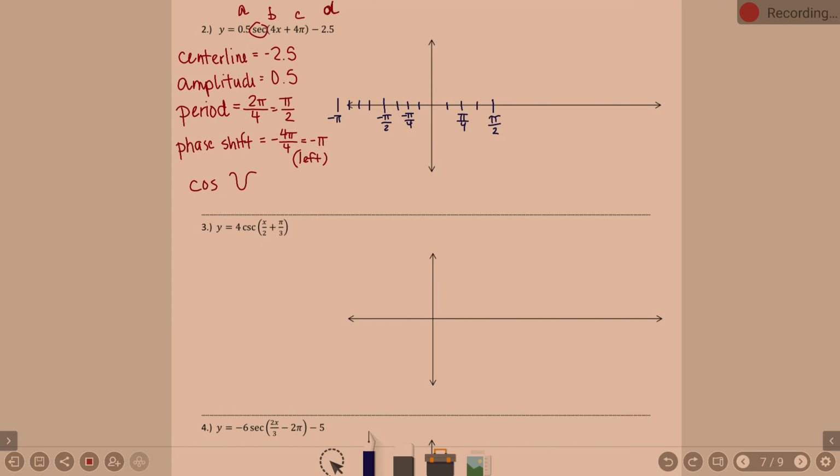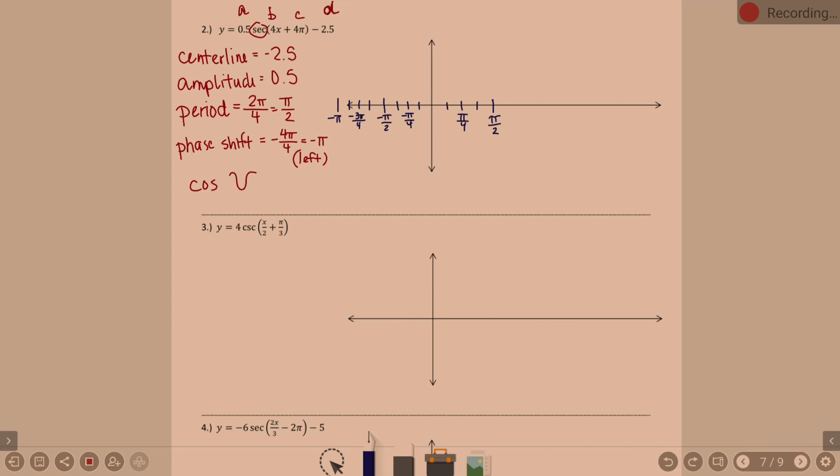What would be halfway in between negative pi over 2 and negative pi? What's in the middle of a half and 1? 3/4. Okay. Now, I mentioned earlier that those little tick marks in between are 8ths, right? Well, if you count from 0 to negative pi, guess what? There are 8 pieces. So that should match up.